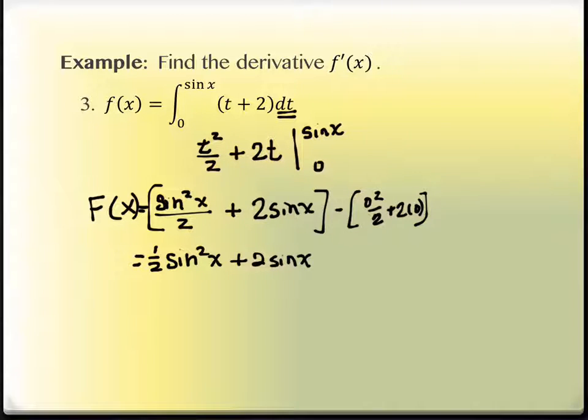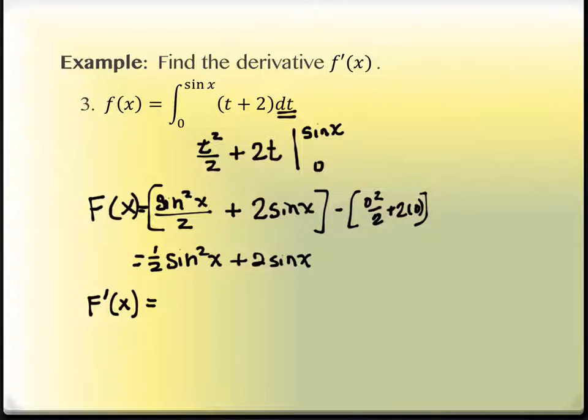Well, what we're going to do next is take the derivative of that. So we're going to find capital F prime of x. What happens when I have sine squared? There's a chain rule, right? The squaring is the outside function and the sine is the inside function.